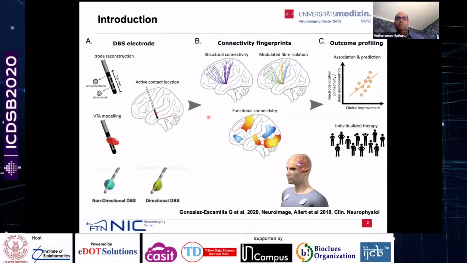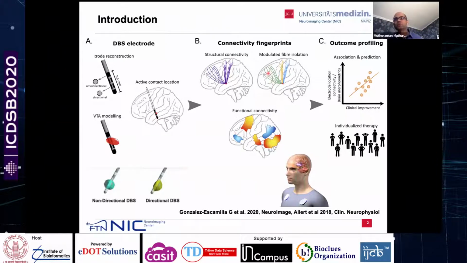And what we do is that when we have this active contact location, as we call it, in the brain, we look at different connectivity fingerprints. We differentiate this connectivity into two: structural, meaning anatomical connectivity, which is present in the brain, and functional connectivity, which means that you do a certain task and then some regions light up and some regions don't show any activity.